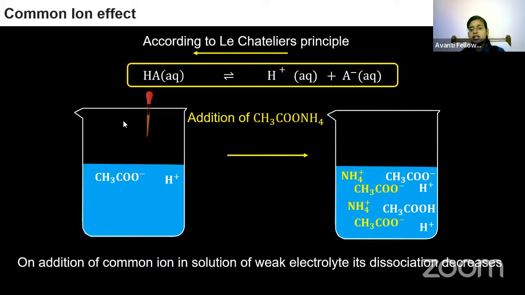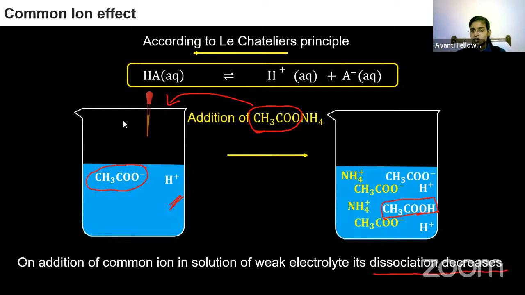Its dissociation decreases. This compound has acetate ion and the weak acid also has acetate ion. If I add this into this, the dissociation of the weak acid is decreased. You see in this beaker, acetic acid remains as acetic acid. It doesn't get dissociated.